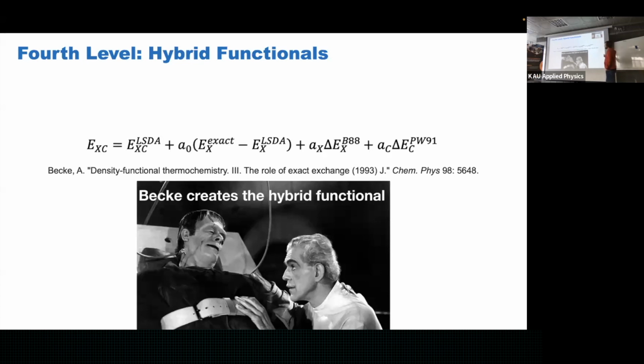As you saw previously, for LDA we took the electronic density, then for GGA we took the gradient of the electronic density, and then for MetaGGA we took the gradient of the kinetic energy, and it was normal. I mean, it was an improvement of our understanding of nature.